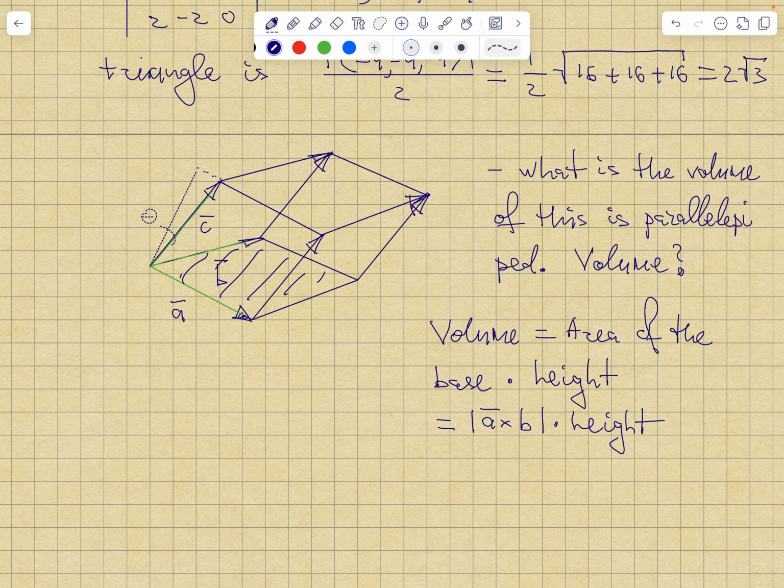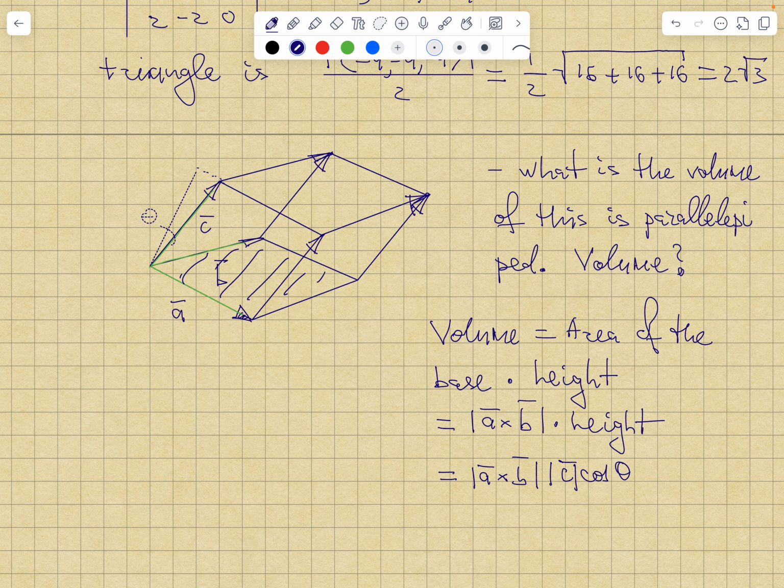And so if the angle between the line perpendicular to vectors A and B, and the vector C is theta, then the height should be the magnitude of C times cosine theta, because the height of the parallelepiped, right, is the same thing as the adjacent side to the hypotenuse with magnitude length C.